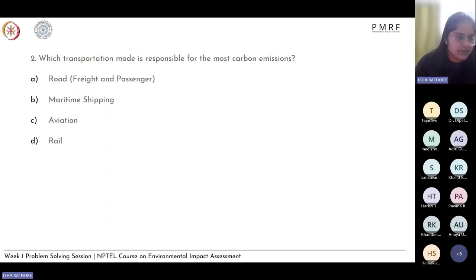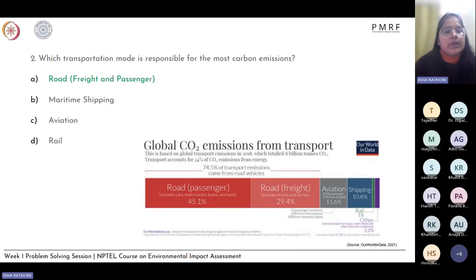So again, this is derived out of a figure. A, road, both freight and passenger, has a larger proportion of carbon emissions. So we see 45% is by passenger road traffic, and then 29.4% is by road freight traffic. These shipping orders which you see, movement of goods and services, those kinds of things are freight.